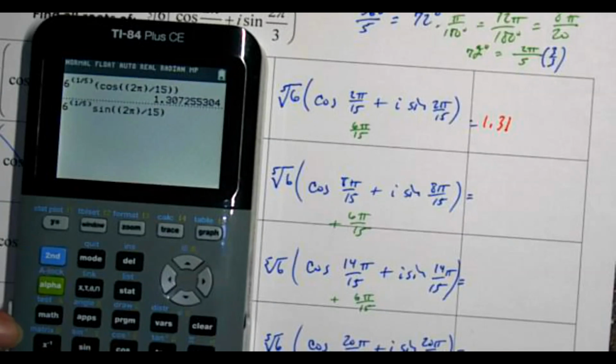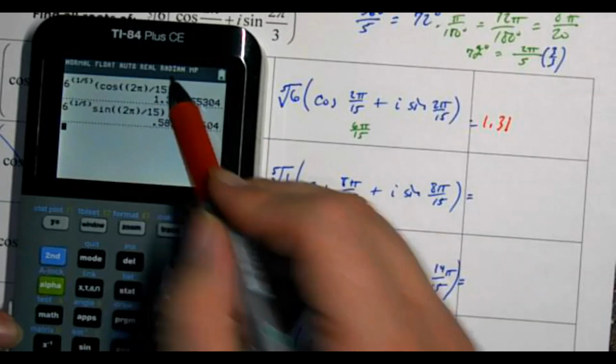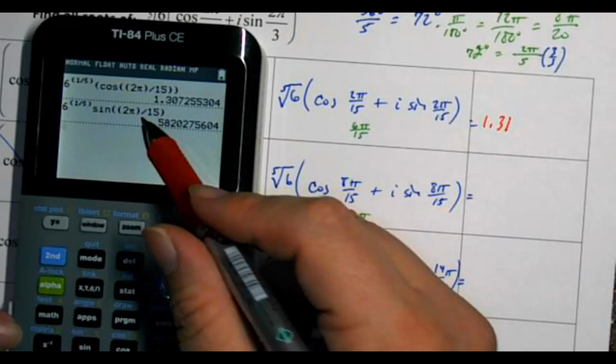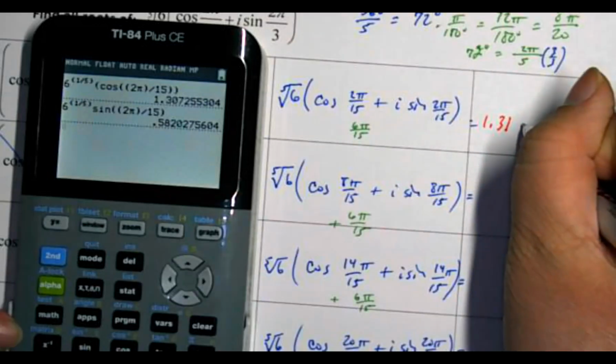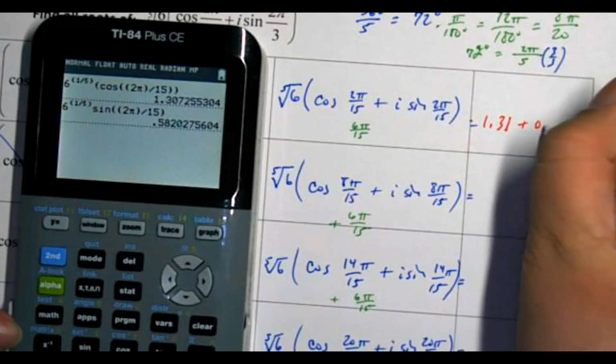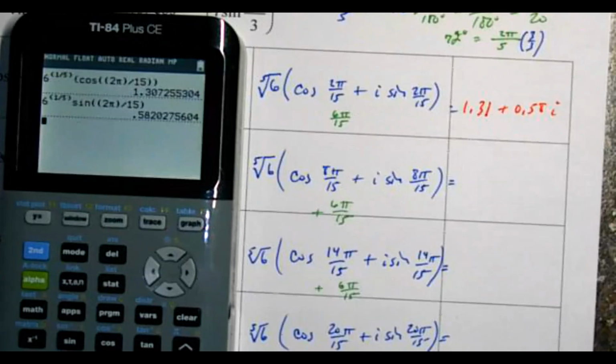If you notice on my calculator when I'm doing this, I am in fact in radian mode. So that's why this is working, 2 pi over 15. So this is plus 0.58 I. And then you just go through and do the rest of this the same way. It's just hammered out in your calculator.